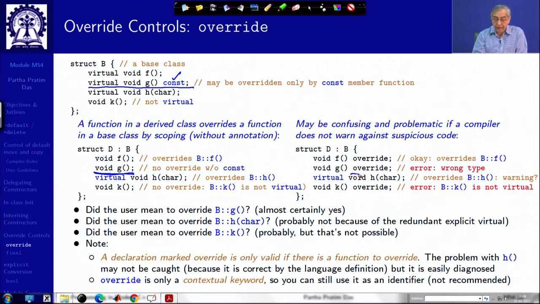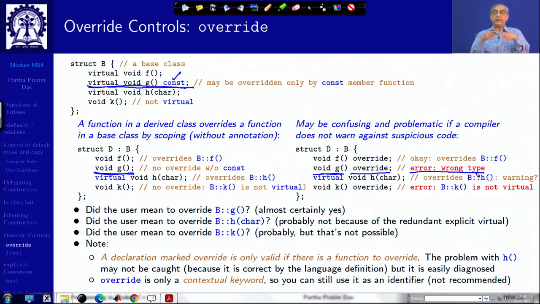So, if you write override, now the compiler will be able to help you on this small slip. The compiler will tell you, look, this is not an override, because g is not const, whereas your parent class member g is a const function. So, it will refuse to compile because of the wrong type.